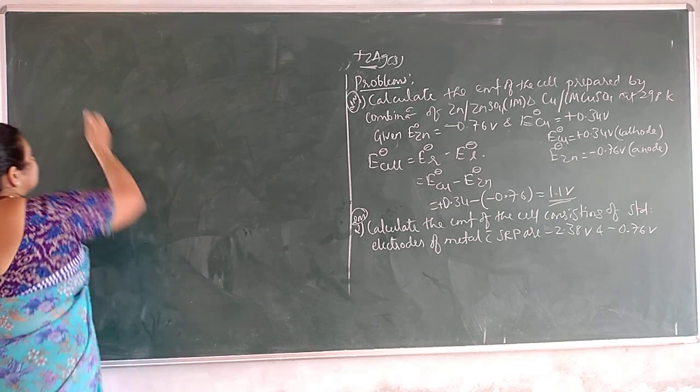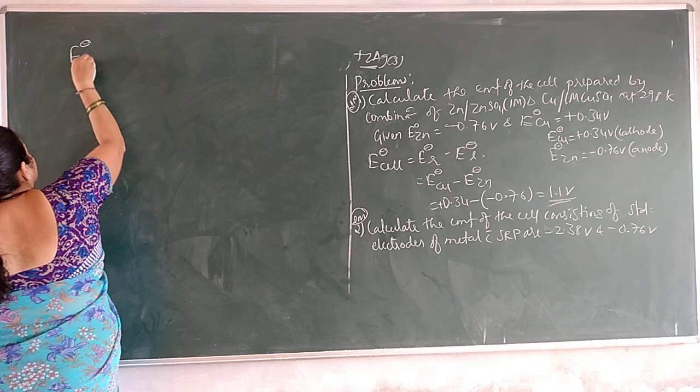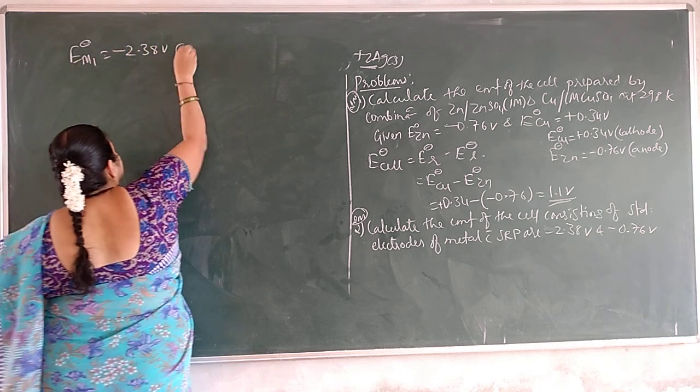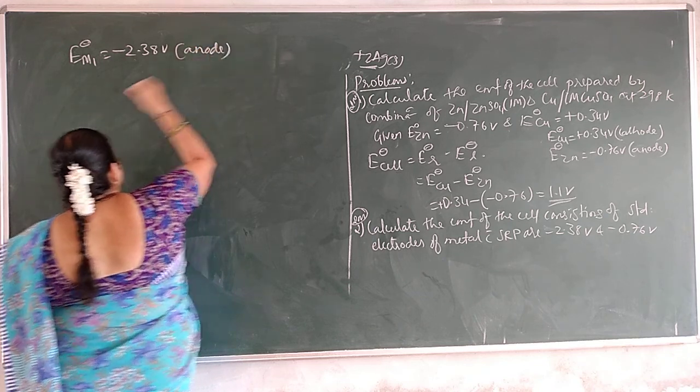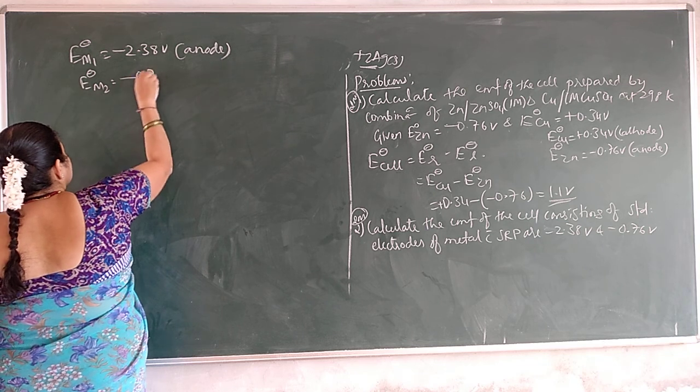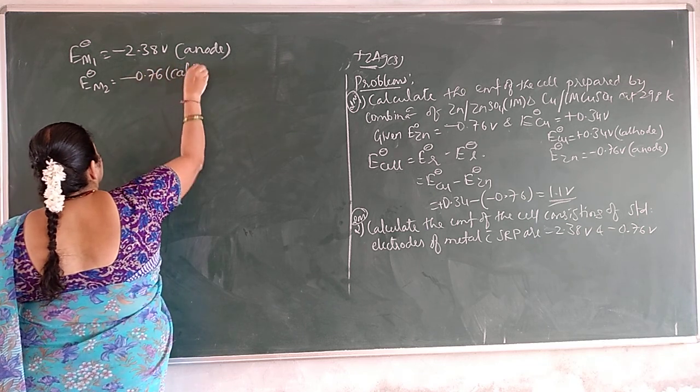So take E0 M1 is equal to minus 2.38 volts. This is taken as anode, and E0 M2 is equal to minus 0.76. This is selected as cathode.